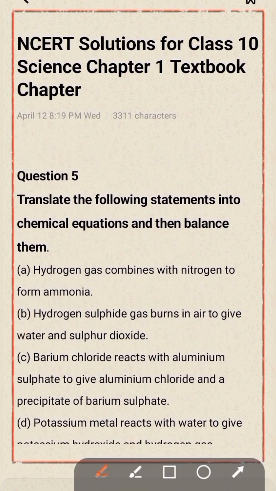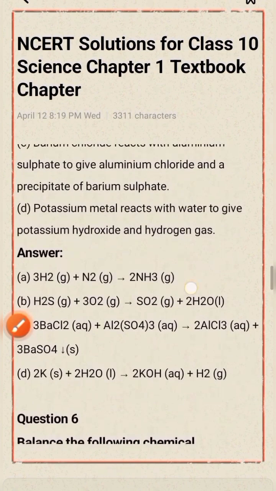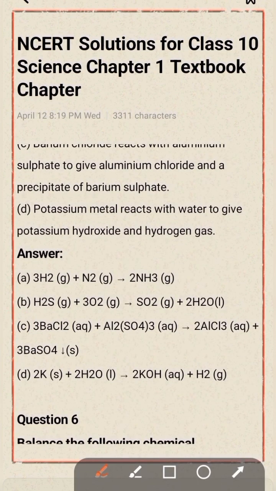Translate the following statements into chemical equations and balance them. Number 1, hydrogen gas combined with nitrogen to form ammonia. The answer: 3H2 hydrogen gas plus nitrogen gas form ammonia, 2NH3 gas.